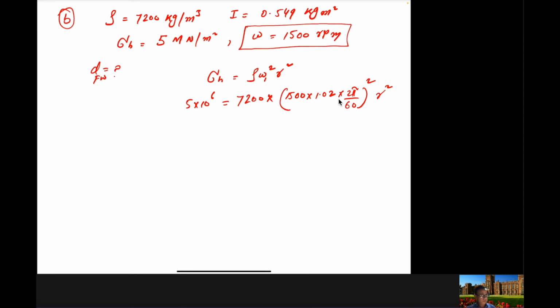So from here you can calculate the value of the r, which is about 0.164 meter, or you can say it is 16.4 centimeter. And you can calculate the diameter, which is 2 times the radius, so which will become 32.9 centimeter.